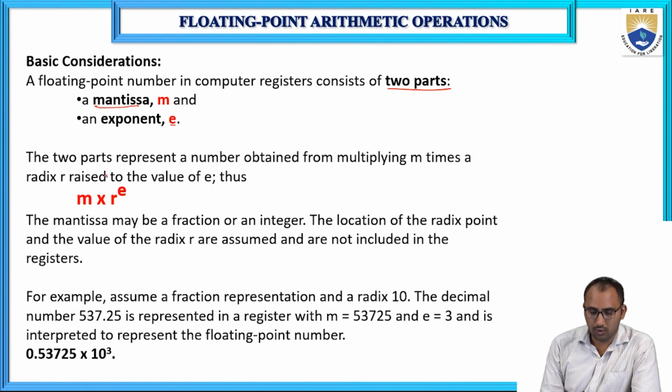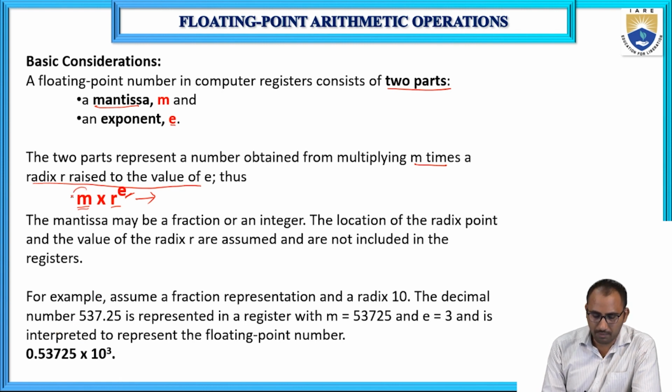The two parts represent a number obtained by multiplying m times a radix r raised to the value of e. That is, m into r power e. This is the representation of the floating point number.